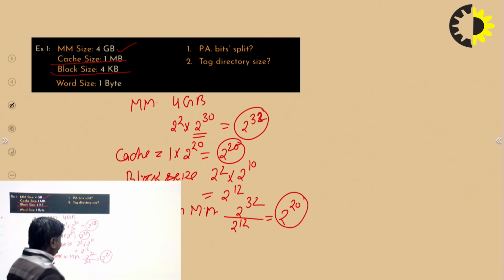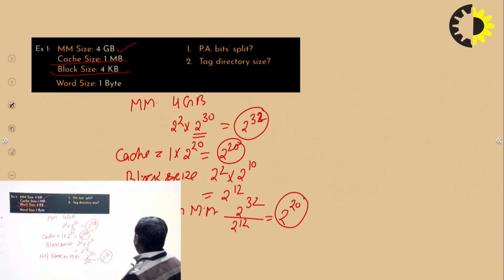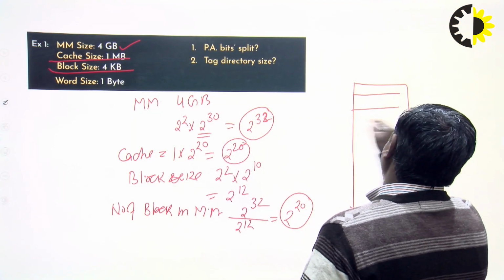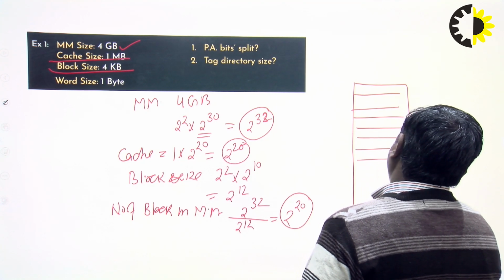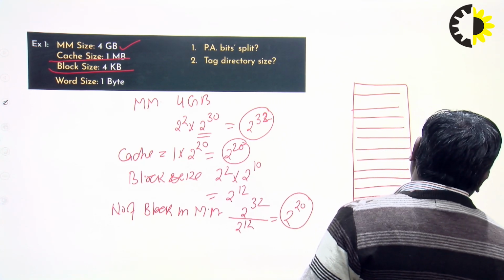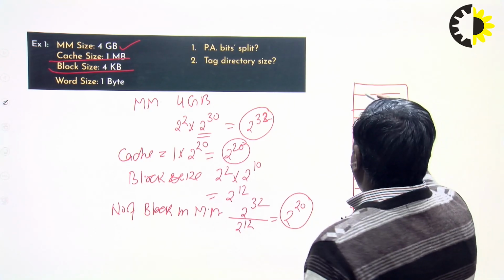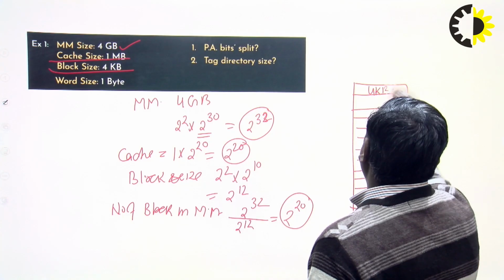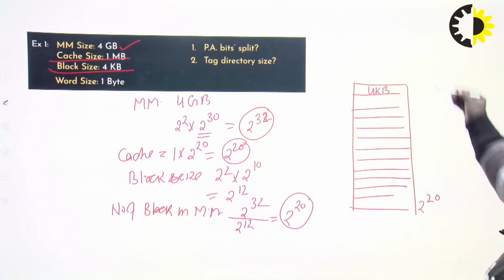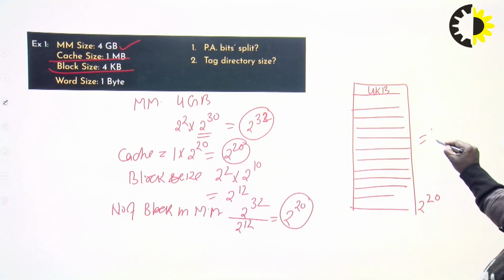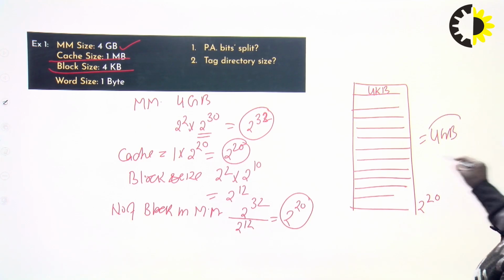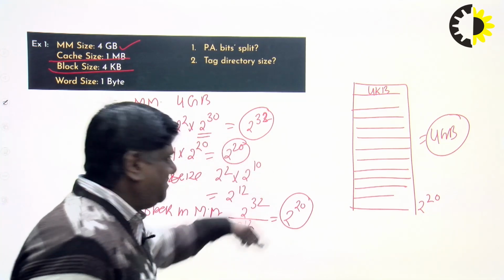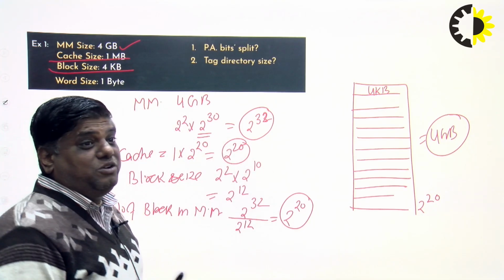So I think we can draw the architecture of the main memory. The total number of blocks in the main memory is 2 to power 20, and the size of each block is 4 KB. If we calculate this size, the total size is 4 GB. If we understand this concept, then we can easily draw the physical address.